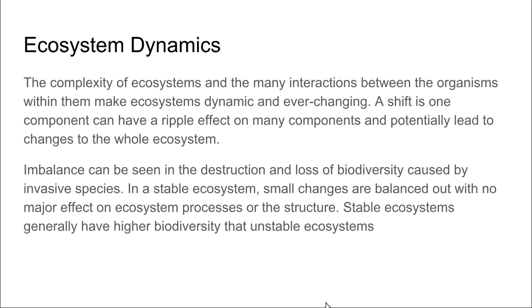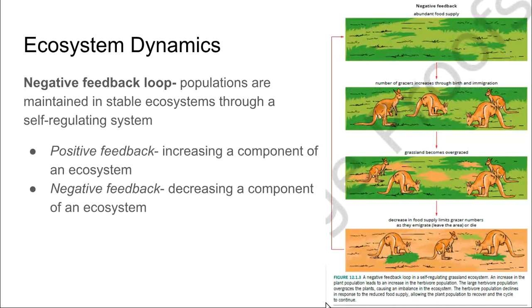If we do see an imbalance within an ecosystem, we're usually seeing the destruction and loss of biodiversity, and this sometimes can be caused by invasive species. Within a stable ecosystem, any small changes are balanced out with no major effect on ecosystem processes or, in fact, its structure. Ecosystems that we refer to as stable generally have a higher biodiversity than unstable ecosystems.